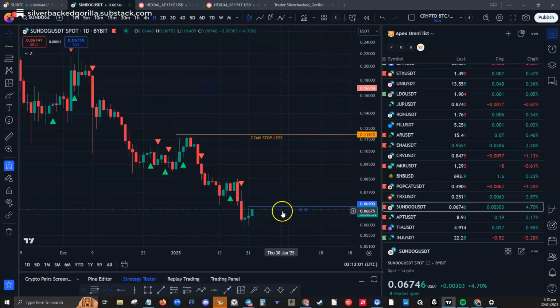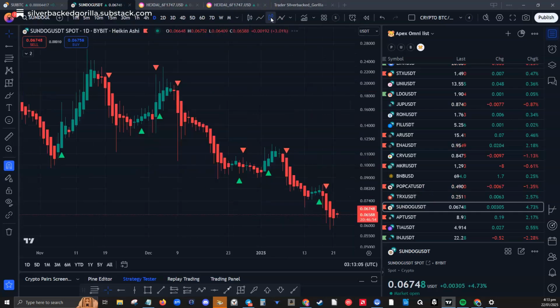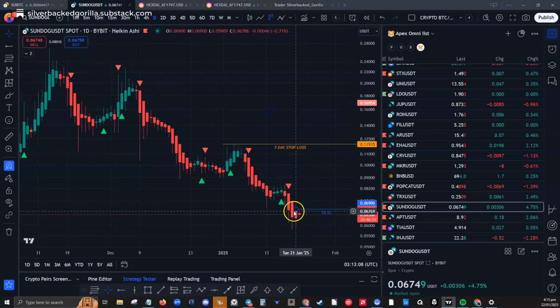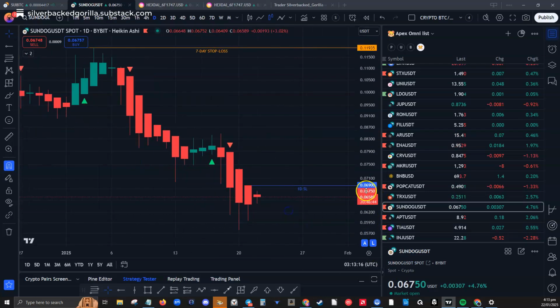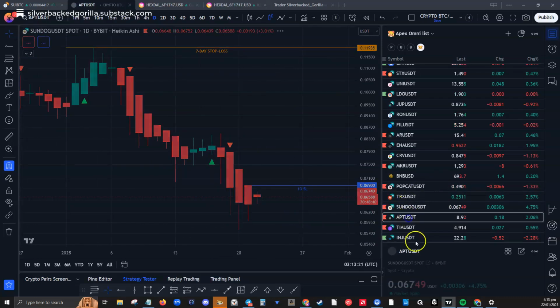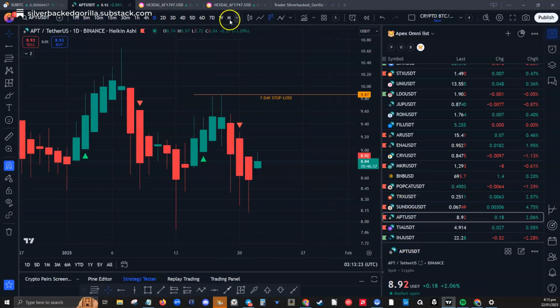Yeah, it could be a really good spot to get short. I would be happy to short that, and then basically just put it on the glass top of the glass closed candle, like 6.9 cents. I would put stop loss and go short. That wouldn't upset me too much.